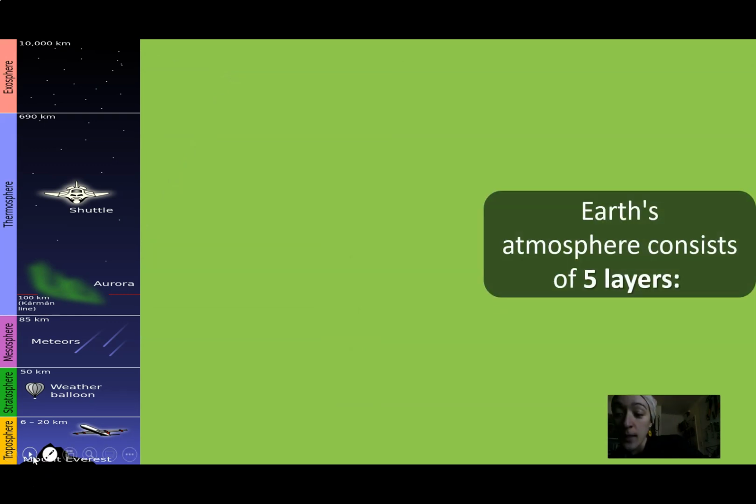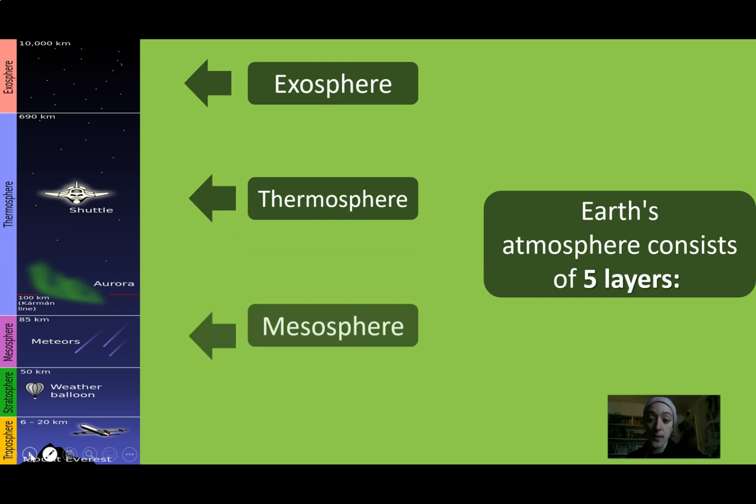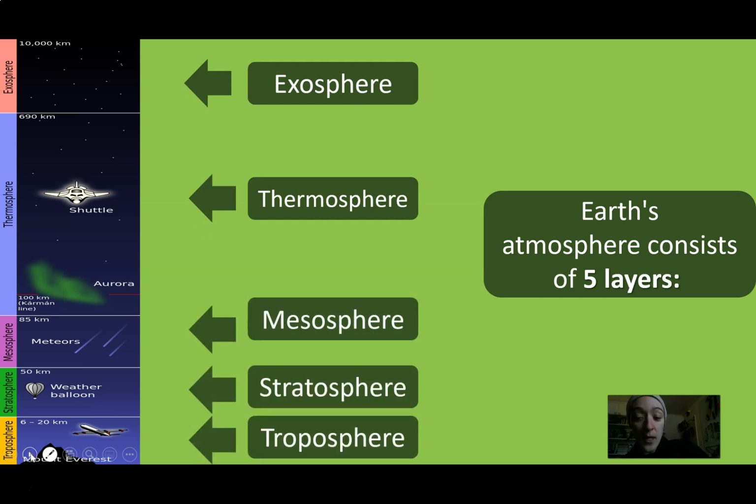Okay, so like we learned on, what day was it, Tuesday? The Earth's atmosphere consists of 5 different layers. And we talk about the layers as being either close to the Earth's surface or far away from the Earth's surface, right? So the atmosphere that is closest to the Earth's surface is the lowest altitude, right?